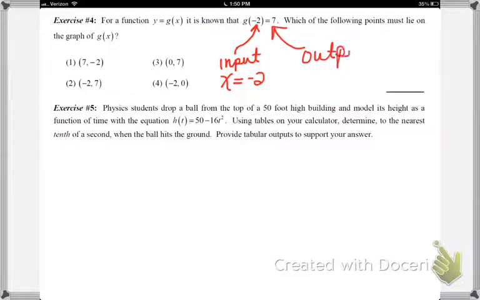That is your output value. That means y is equal to 7. When you write a coordinate, recall it's x, then y. So the point is -2, 7, which is choice 2.